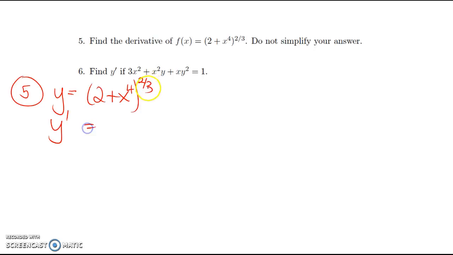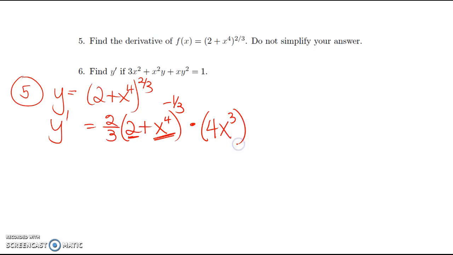So the derivative equals, this comes down in front, 2/3, 2 plus x to the 4th, 2/3 minus 1 should be a negative 1/3, right? Times the derivative of the inside. Well, the derivative of 2 is 0, and then we use the power rule here, times 4x to the 3rd. If we don't simplify, that's all we have to do.